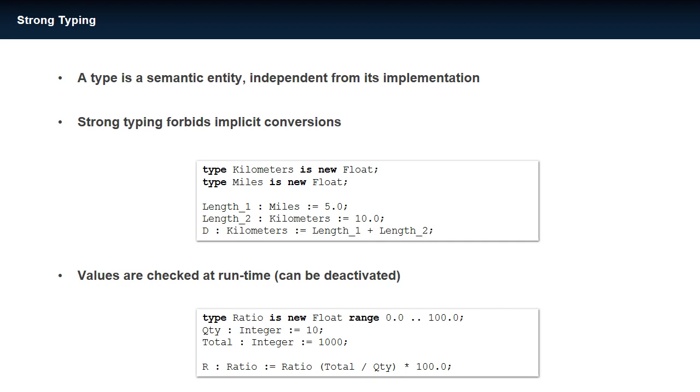The compiler will put a check here to make sure that the result of the division is within the proper range for type ratio. This expression is valid, so we will continue. Next, we are multiplying the result by 100. The runtime check here will raise an exception because the resulting value will be out of range for type ratio.